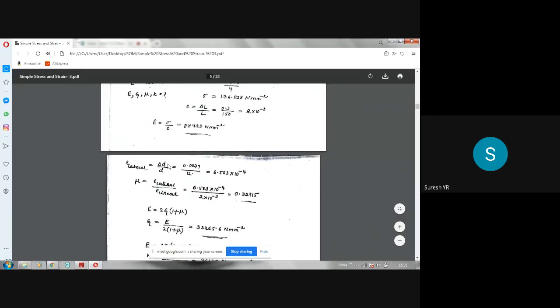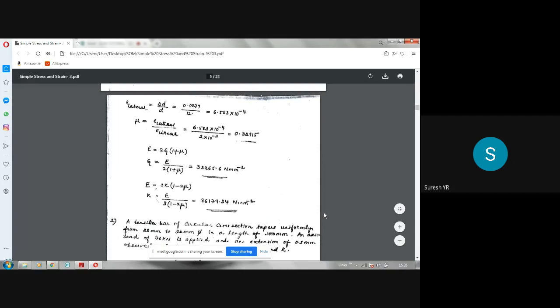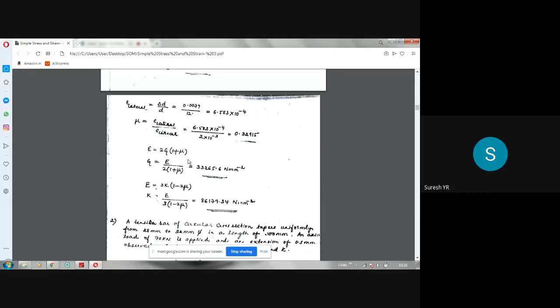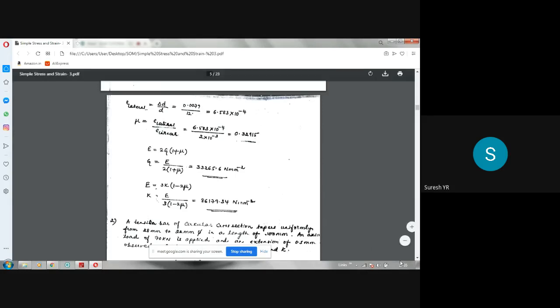Lateral strain is delta D by D. Linear strain is delta L by L. So by using that formula, we can get the value of mu. Then using these two relations between the elastic constants, you can compute the value of G and K. So E, G, K have the units Newton per mm square. Mu doesn't have any unit. It's just a number. That is one problem.